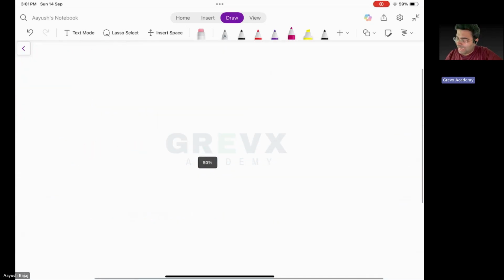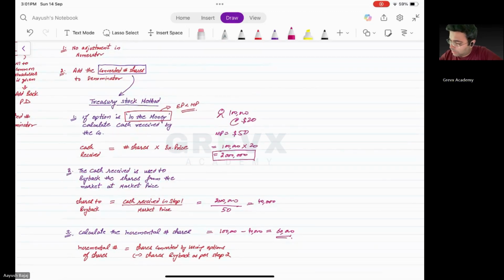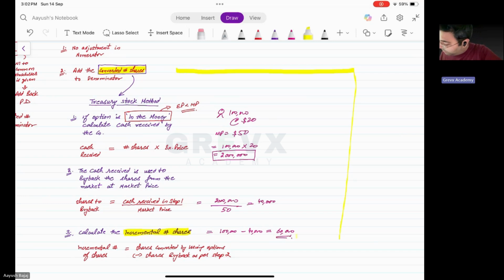Tying it up, this incremental number of shares is what will be used in the formula. Clear? Yes. Good.